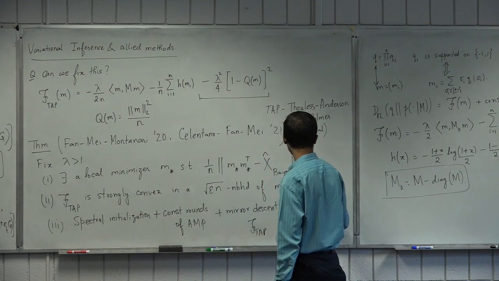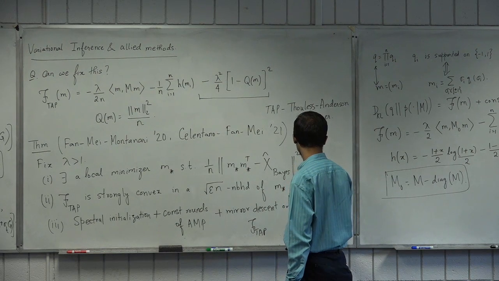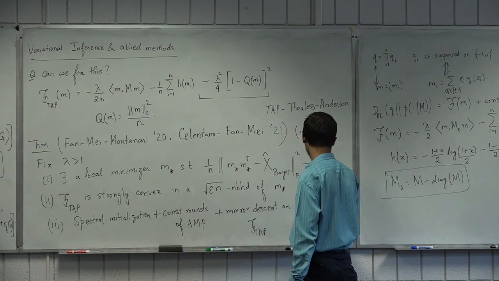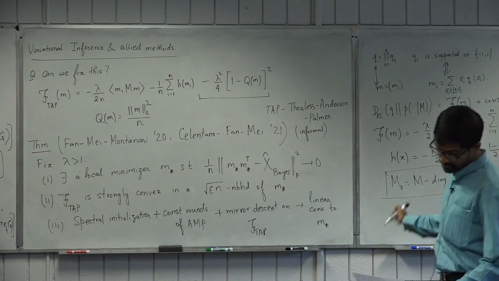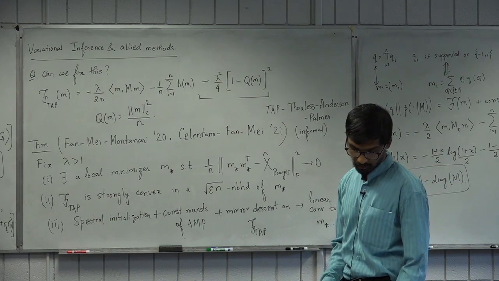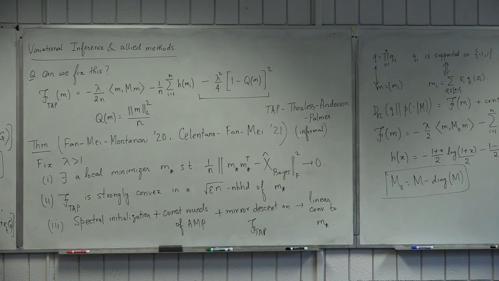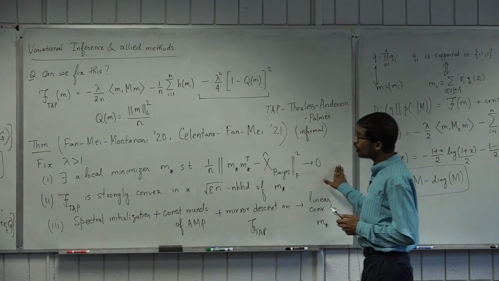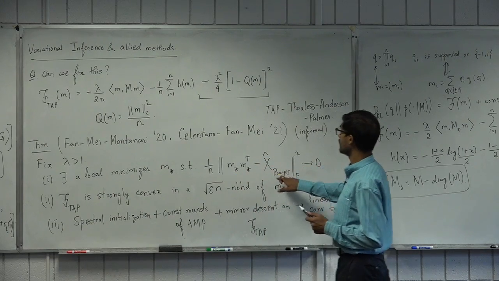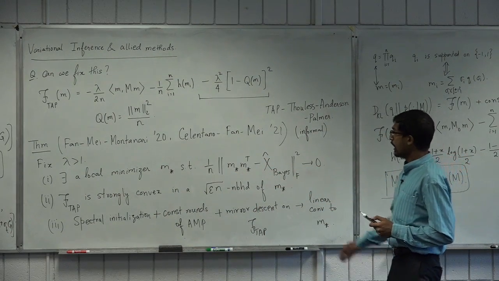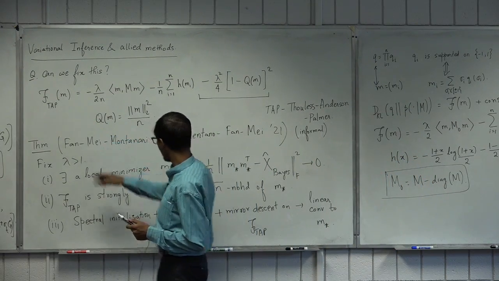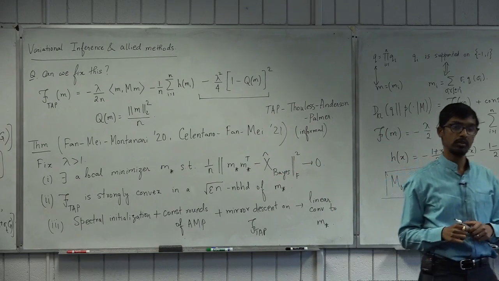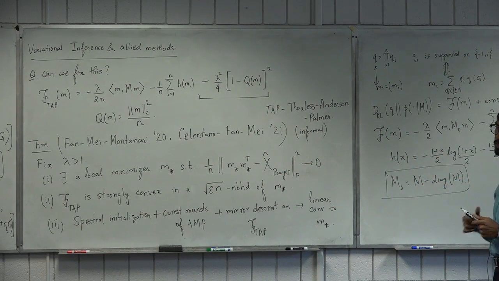This will give you a linear convergence rate to m star. So this result, this is coming from a set of papers, but the result actually answers all the questions that you might want. There is the first part, which is essentially saying that there is a good local optimizer which has optimal statistical performance, and you can get it essentially by a good initialization that lands you in a small neighborhood around m star, and then doing some kind of gradient descent procedure.